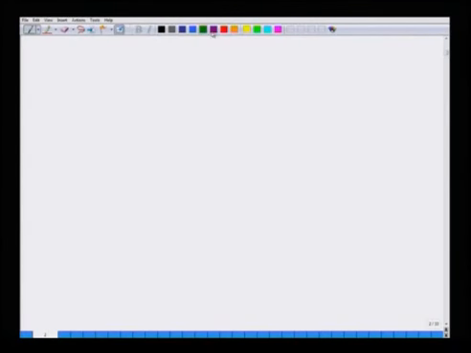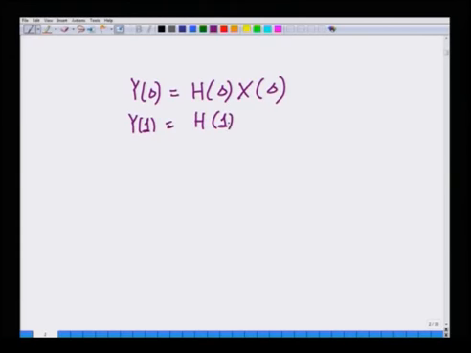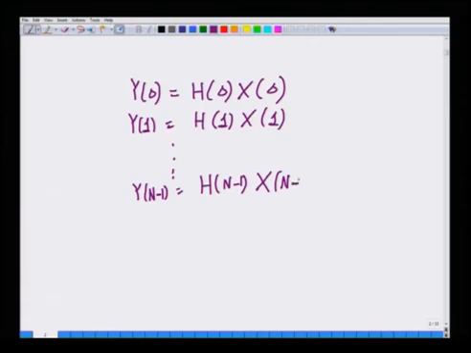Across each subcarrier, I can write y0 equals H0 times x0, y1 equals H1 times x1, so on and so forth, and y(N minus 1) equals H(N minus 1) times x(N minus 1).